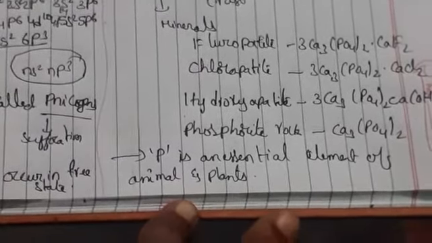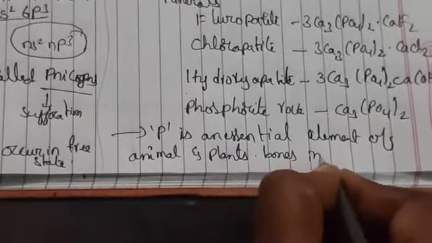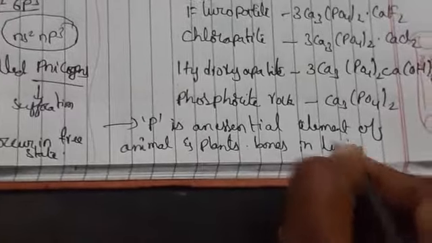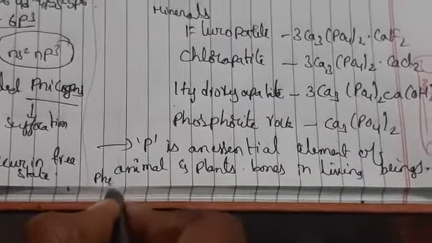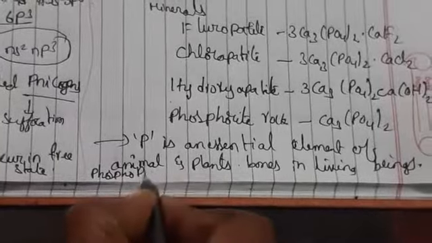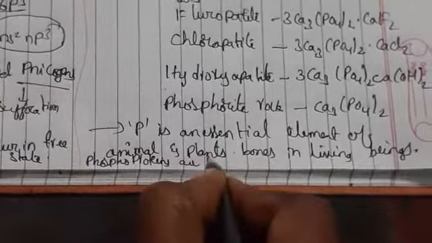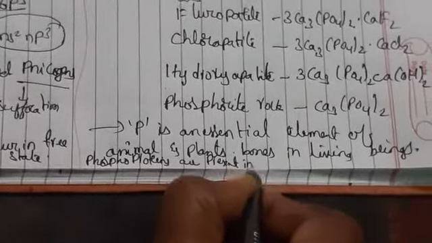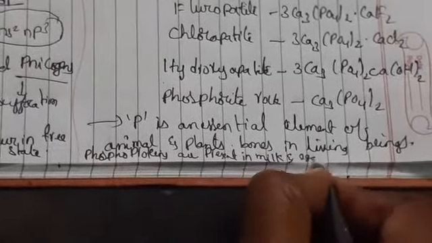In living beings it is present in bones, and also phosphoproteins, which are present mainly in milk and eggs. So this is about phosphorus.